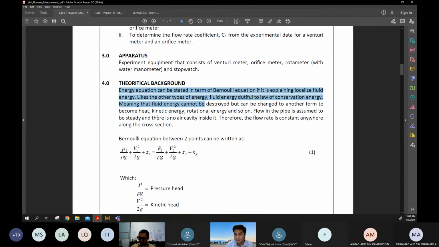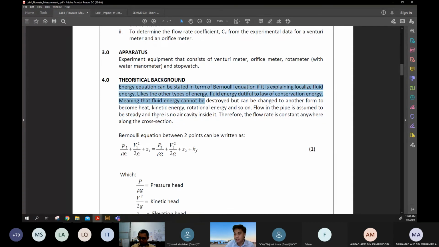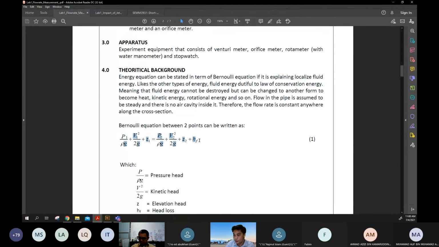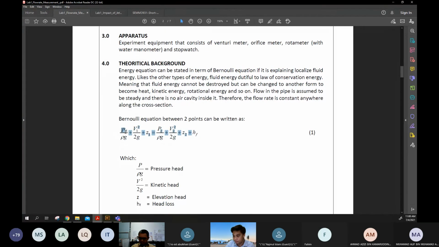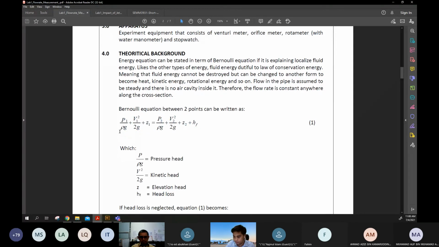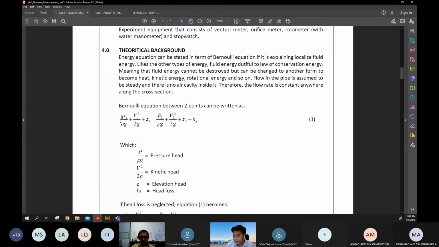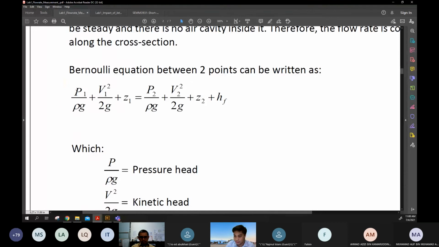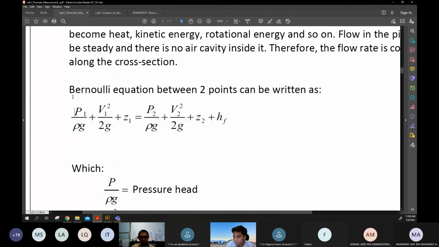Here we have the pressure head, the kinetic head, and the elevation head: three terms in the Bernoulli equation. This is just the basics. This is the Bernoulli equation for two points, point number 1 and point number 2.